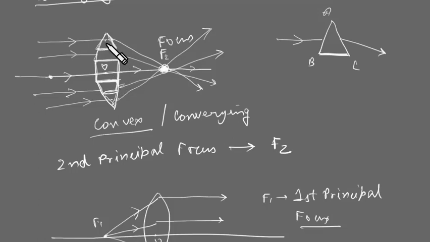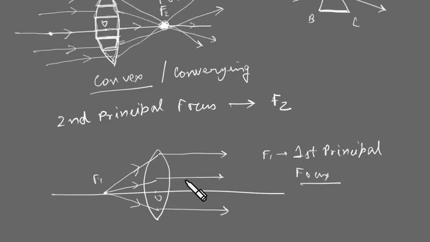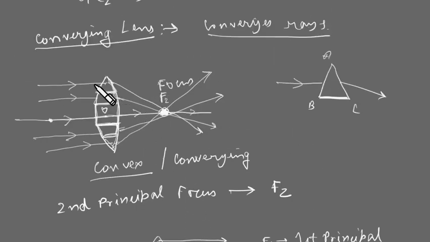Now different frequencies of light bend at different angles because the refractive index of a material depends on the color of the light. That means the bending or deviation of the light will be different for different colors. So here one thing must be considered, that a ray, a single beam of single color, must be considered.